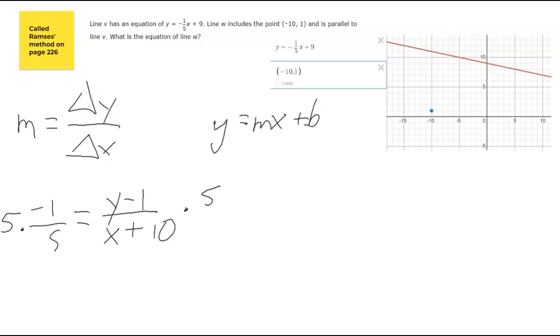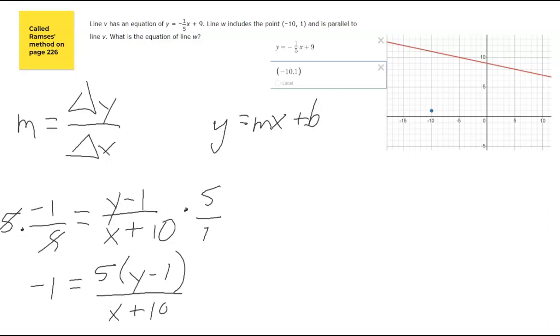Okay? So over here, 5 over 5 is 1, so these become 1, leaving us with just negative 1 on the left-hand side. And then over here, we have 5 times y minus 1 over x plus 10. Because remember, 5 is 5 over 1. So this down here gets multiplied by 1. This up here gets multiplied by 5.